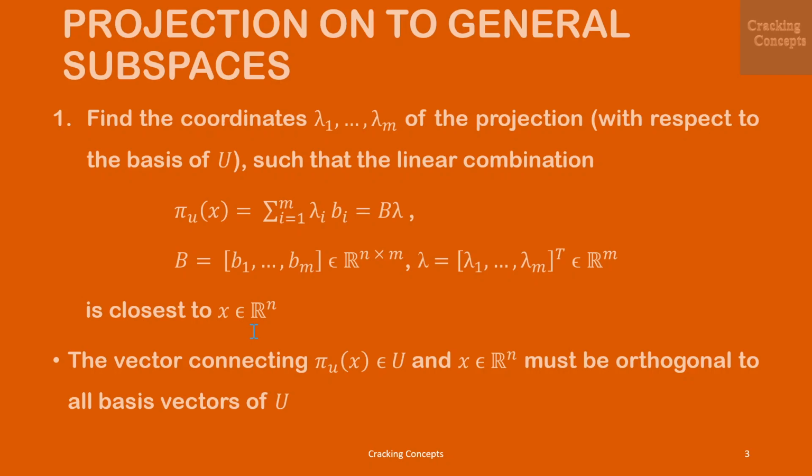The vector connecting π_U of x, which is an element of U, and the vector x must be orthogonal to all the basis vectors of U.